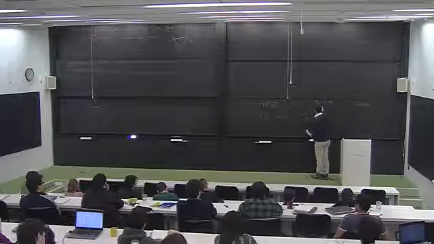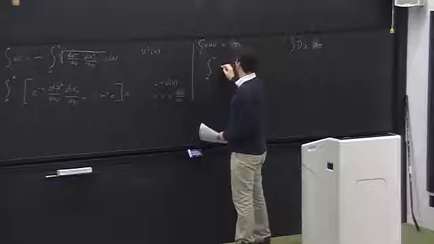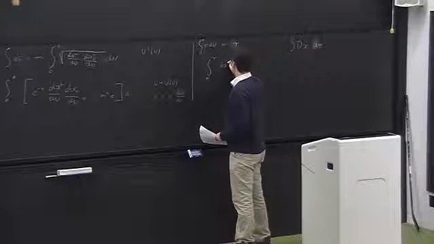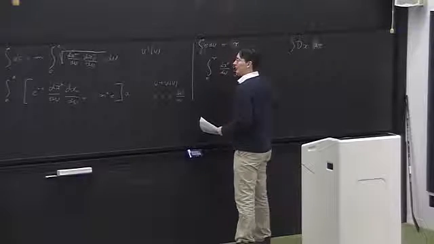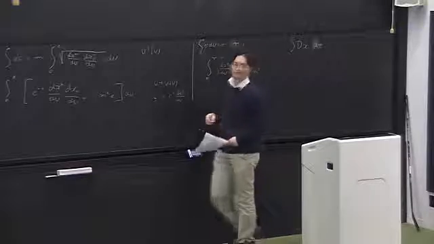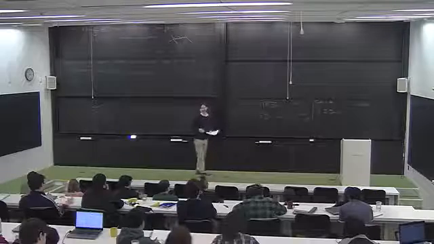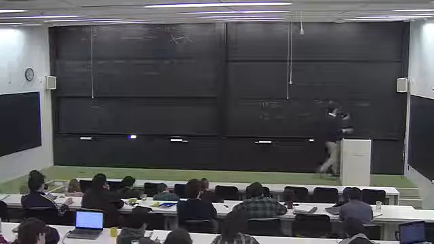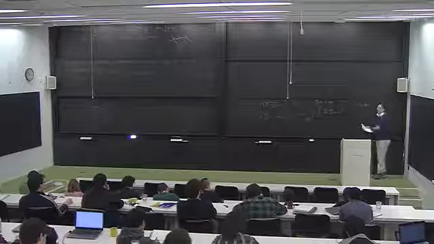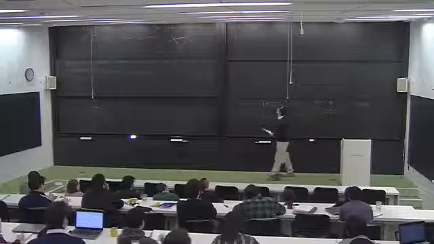So my action now looks like the integral from 0 to tau of dx mu over du, dx mu over du, plus m squared. So now I'm pretty happy because this is quadratic. It's a free action. So I can finally do my path integral exactly, it's Gaussian. And the result is that one up there.